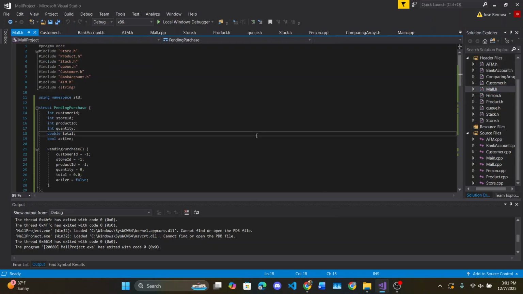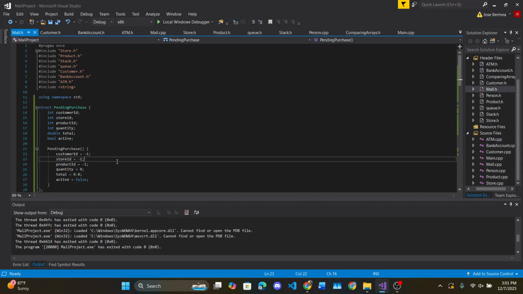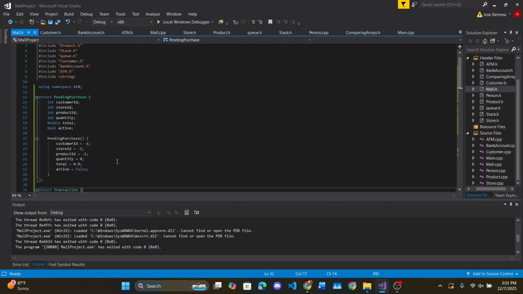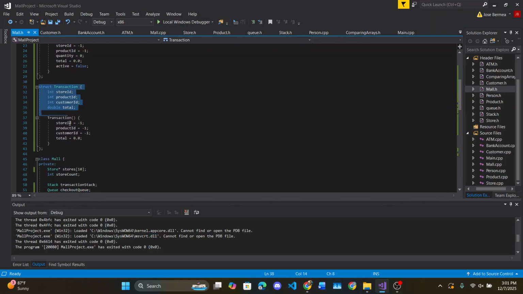And then if we go over here, we see this is the pending purchase struct, which is where we hold all the pending purchases, so that way we can keep track of who's going to get what, and that way they can't leave the store. And over here, the transactions, this is what we use to temporarily store stuff in the history.